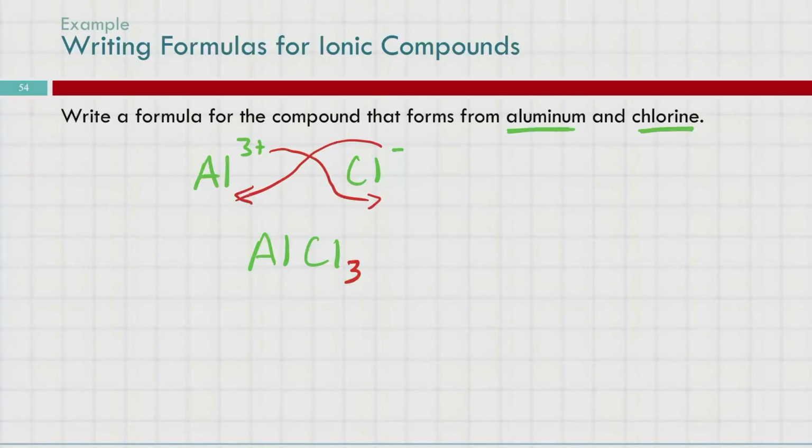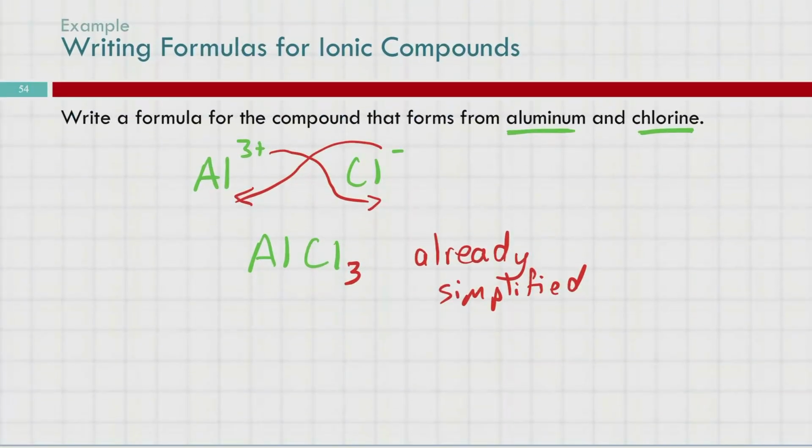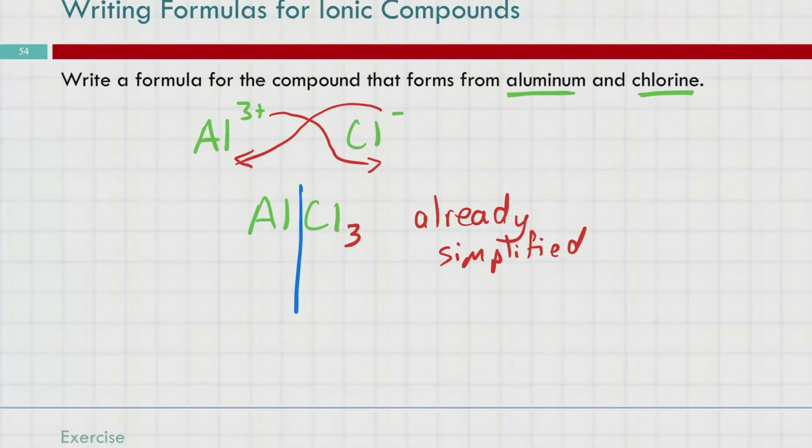Can we simplify or reduce those subscripts? No, we can't, right? Because we've got a 1 for aluminum, so it's already simplified. So nothing to do there. And if we wanted to, we could check the charges. So our aluminum, we've got 1 of them.